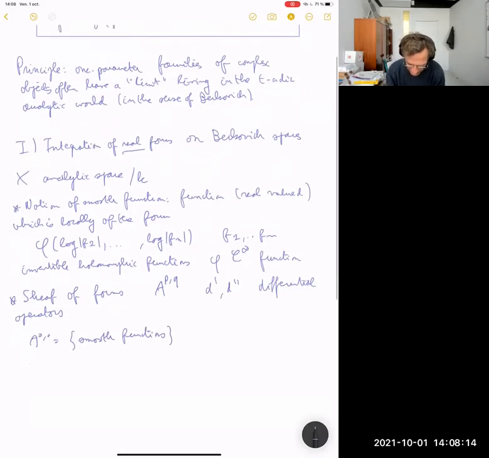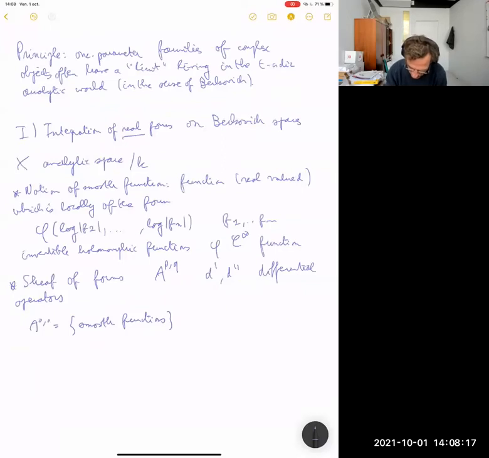And I will not define precisely what A^{p,q} is, but I will just define what d' and d'' do on specific expressions. So one has, if I use a multi-index notation, d' of phi of log |f| equals the sum of the partial derivatives times d' log |f|.